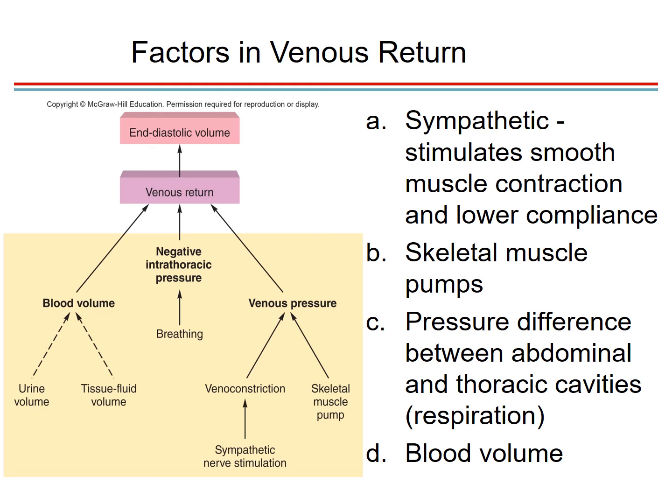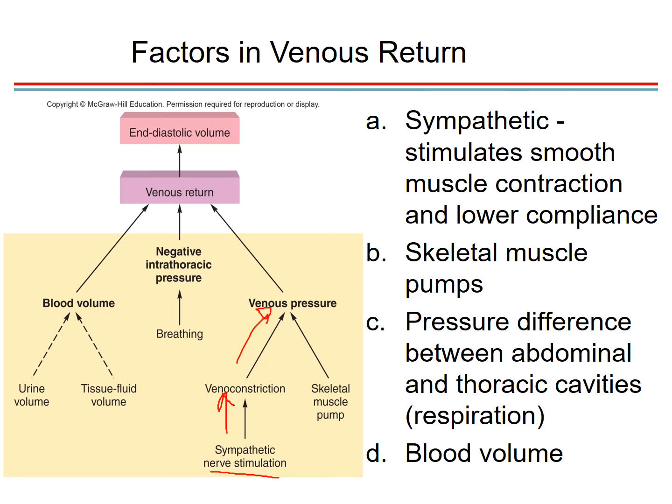Okay. So with the sympathetic nerve stimulation here, what this induces is constriction of those venous vessels, and so that's going to increase the amount of pressure that occurs within the veins.